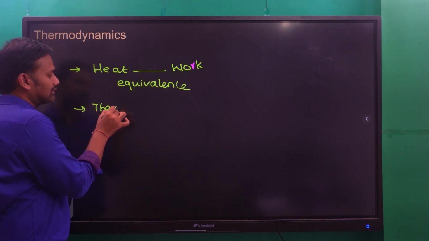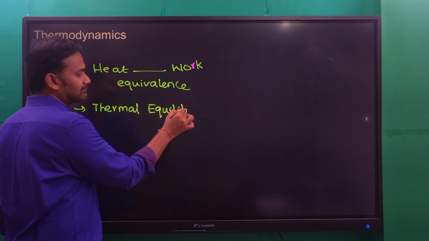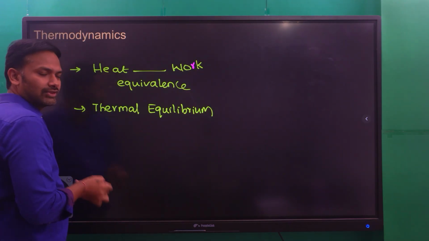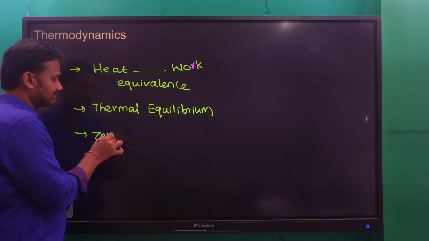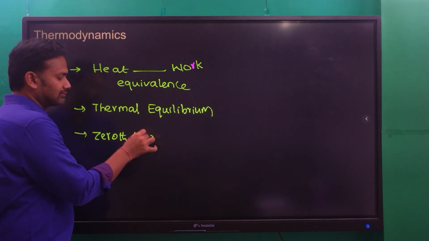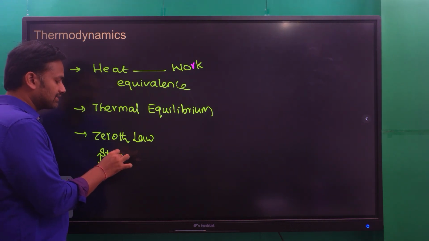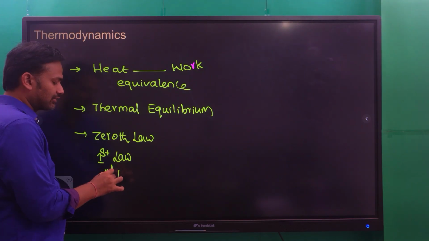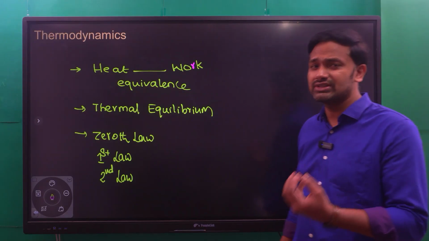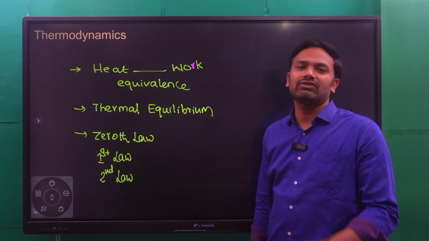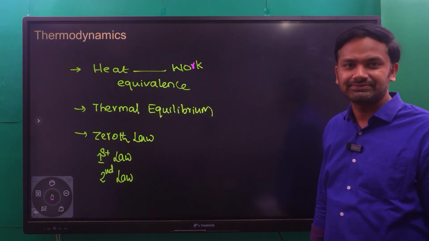We are going to discuss thermal equilibrium, then the zeroth law of thermodynamics, the first law of thermodynamics, and the second law of thermodynamics. These are the things we are going to discuss in this chapter. Along with this, what is thermal energy and how the transfer of heat is possible, all these things we are going to discuss in this chapter.